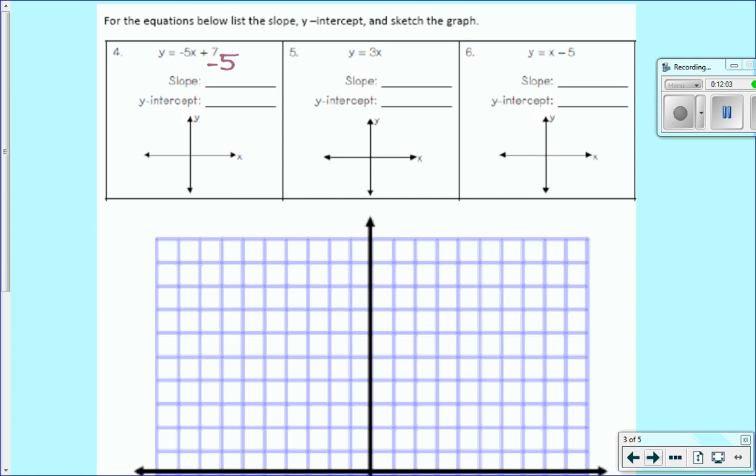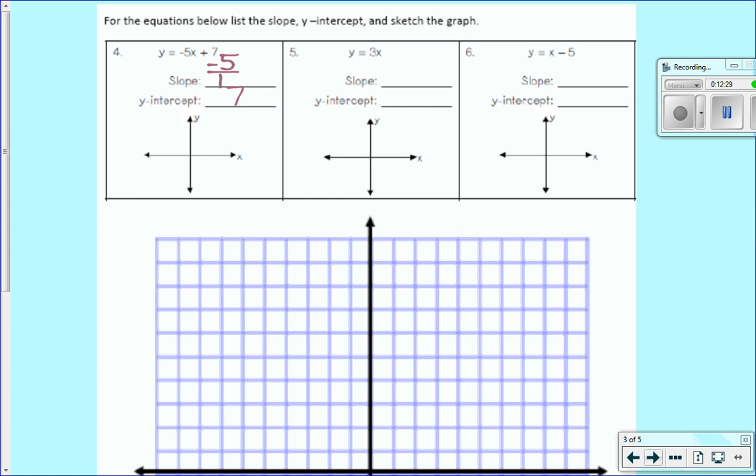Okay, and for slope, a whole number always has what underneath? 1. You got it. So let's just do that. Because when we graph, we're going to be using the slope. We need to know what our rise and our run is. You see that? Okay, what is our y-intercept? 7. You got it.